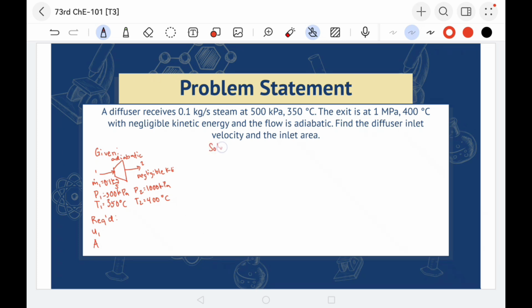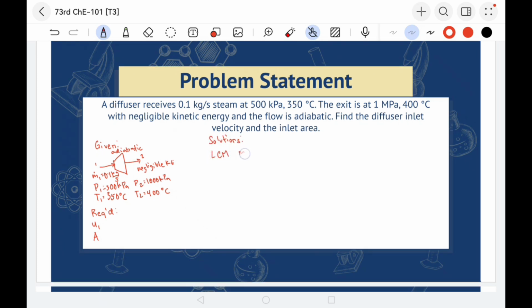For our solution, the law of conservation of mass would be m dot 1 is equal to m dot 2 is equal to m dot, which is 0.1 kilogram per second. And for our first law of thermodynamics, our energy balance, it will be m dot 2 h2 minus m dot 1 h1, which is from our change in enthalpy, plus 1 half m dot u2 squared minus 1 half m dot u1 squared equals 0.